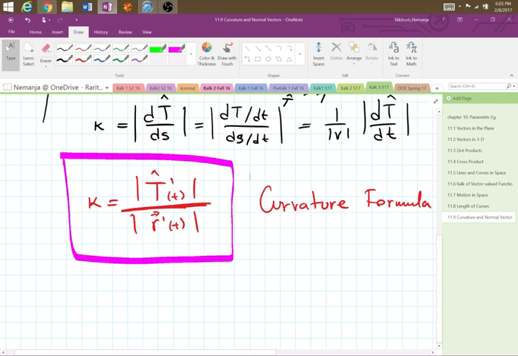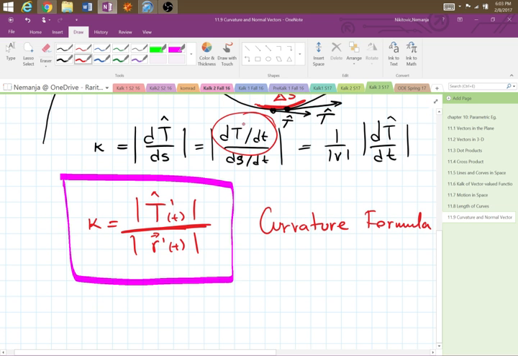So we have this is that, and 1 over is this one. Well, it's the magnitude of velocity in this case. When you write it this way, it's speed, right? Now we all know that the speed is connected to the curvature.